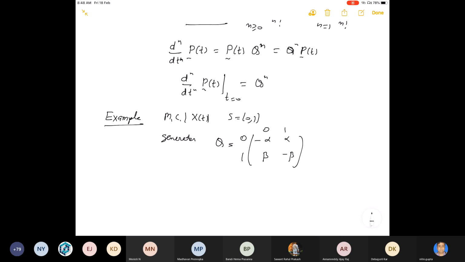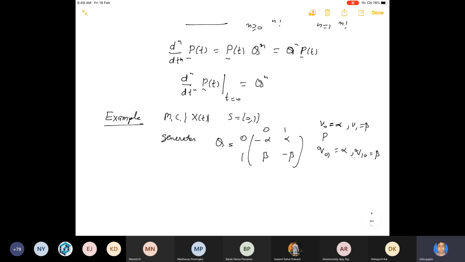Here q_01 is alpha, q_10 is beta. Okay, so you can clearly see that here v_0 is alpha, which is also q_0, v_1 is beta, q_01 is alpha, and q_10 is beta.